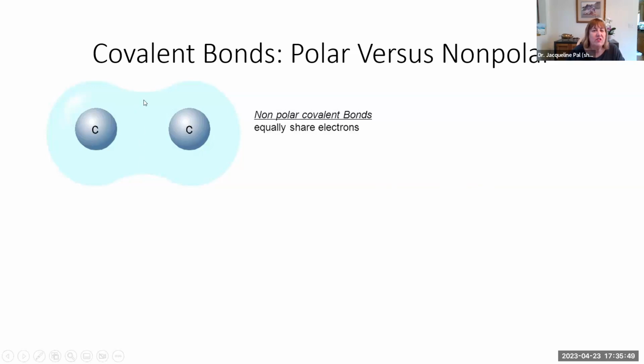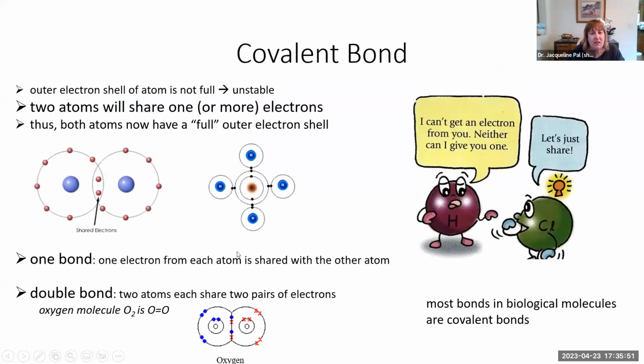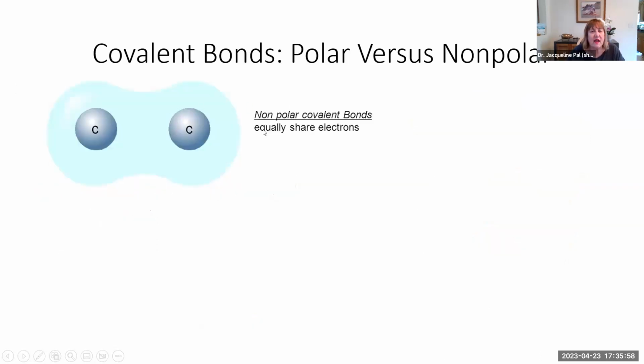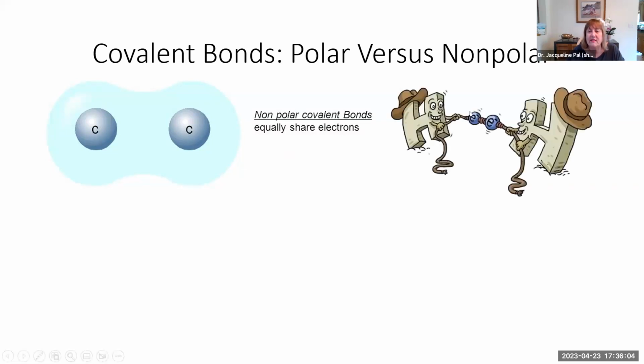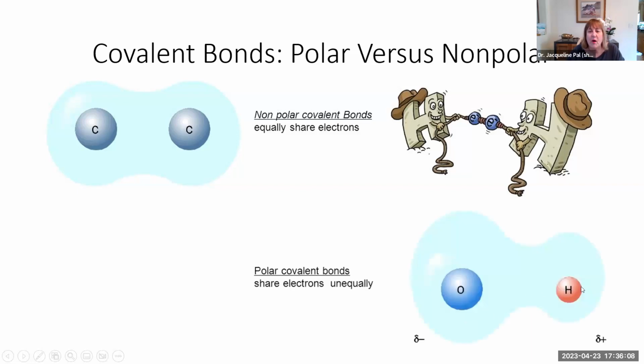If they are equally sharing, such as we saw here in this carbon or these oxygens, then we say it's not polar. The same thing if 2 hydrogens are sharing. But polar bonds come into play a lot with hydrogen and oxygen.